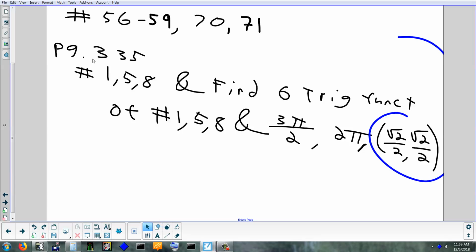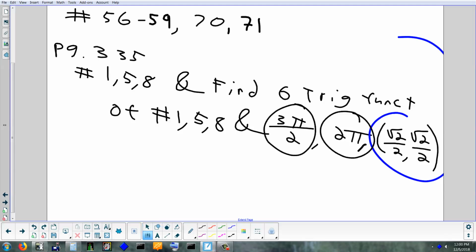Find the 6 trig functions. And I want you to find the 6 trig functions of 3 pi over 2 and 2 pi. Now the problem is I didn't give you the coordinate. So you've got to figure out the coordinate for 3 pi over 2 and 2 pi first. The last one, I gave you the coordinate, but we kind of already just did that.